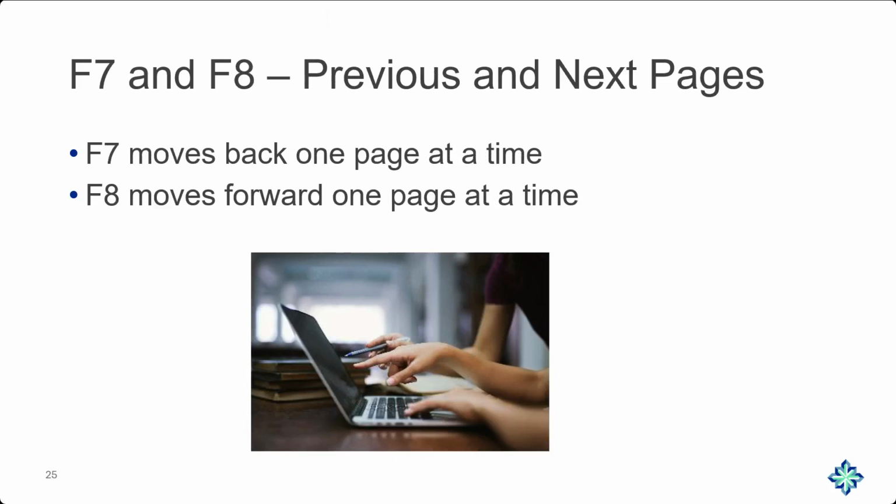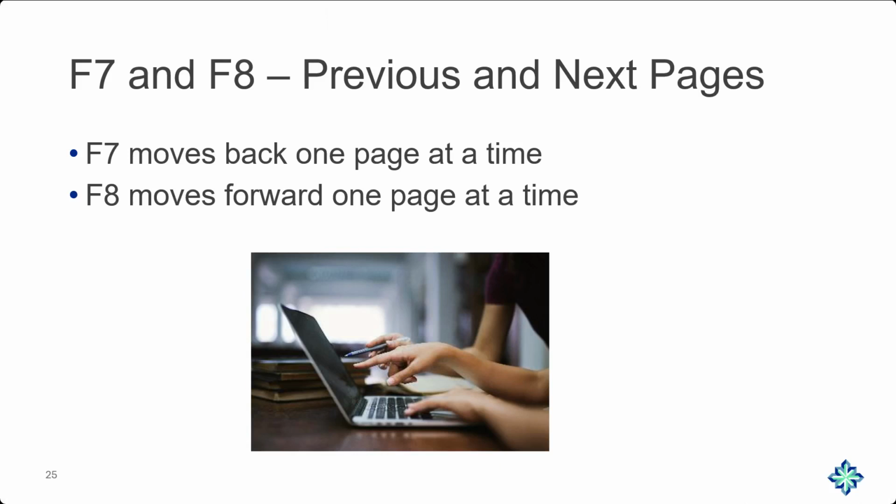F7 will take you back a page, and F8 will move you one page forward. F5 and F6 are for scrolling. F7 and F8 are for paging. And don't worry if you don't memorize this or you're frantically trying to write all this down. As you work with DDE, it will come to you.